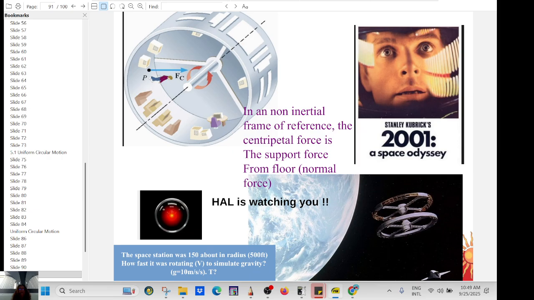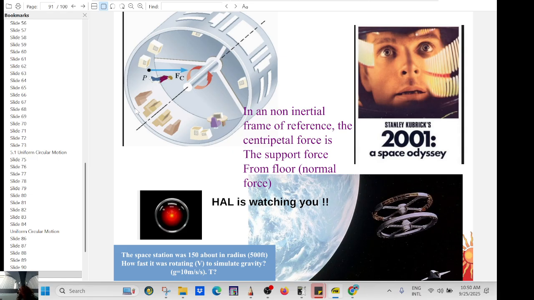Let's say the space station here was 150 meters in radius. How fast should it be rotating or spinning so people will feel gravity and they are not getting osteoporosis, right? When you are in space, the issue is that you are not able to fight against gravity and you are losing your bones.